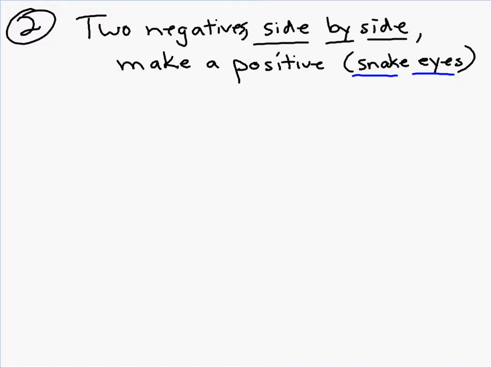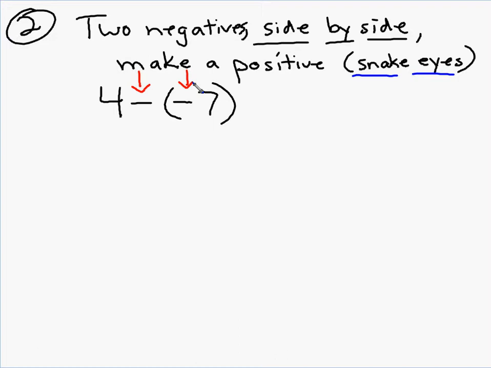That would be like this problem: 4 minus a negative 7. That is what I would call snake eyes. Two negatives side by side. Here's a negative, here's a negative. Remember what I told you, subtraction is a negative.